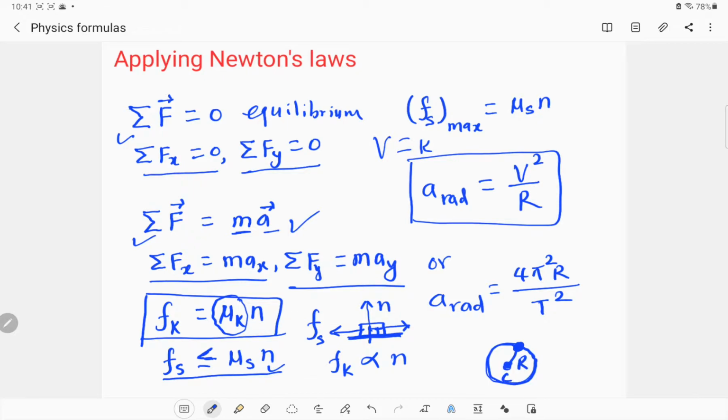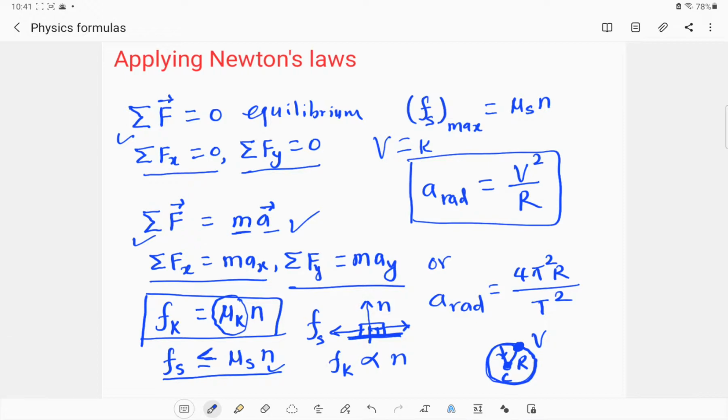This is the center C. So if the constant speed of this object is v, and the radius is r, the radial acceleration is acting towards the center. That's why we call it radial acceleration.